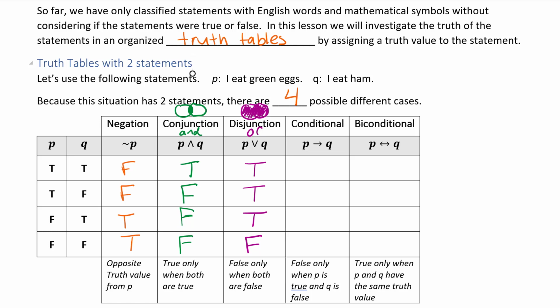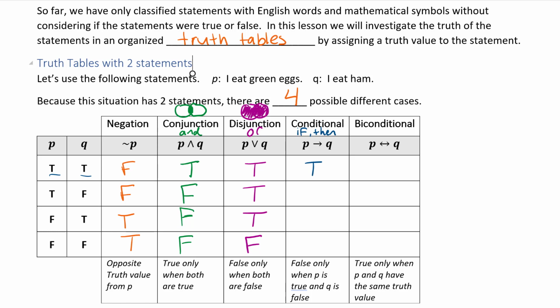Next, we have the conditional. That's the if-then. We have P, which is the antecedent, and Q, which is the consequent. If the antecedent P is true, then Q is also true. That's the first one. If true, then true, that's going to be true.